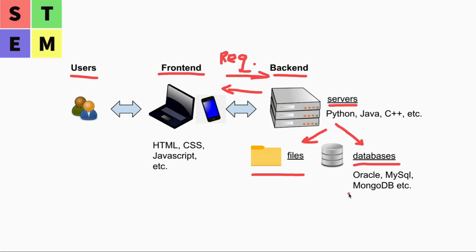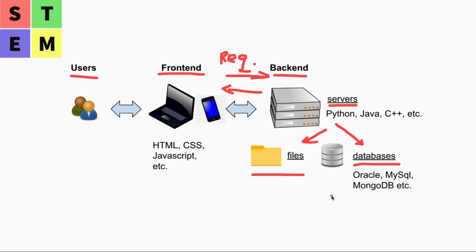Usually, they are in table formats. If you are familiar with Excel, it's a bit similar to that. We store our data in different tables, and tables are connected to each other with keys.